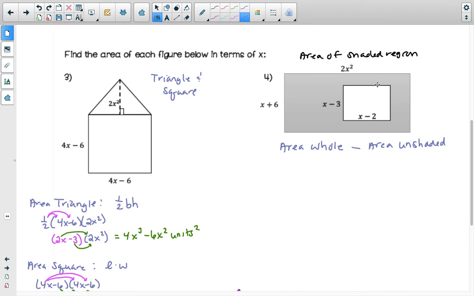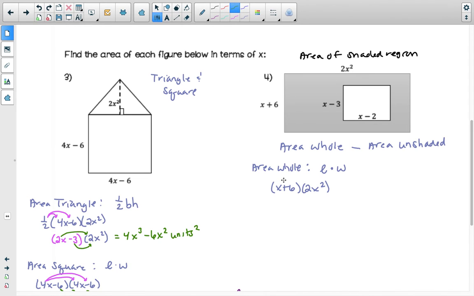So it looks to be that we have two rectangles here. So to find the area of the whole thing, which is a rectangle, we're going to do length times width. The length of our whole picture here is x plus 6, and our width is 2x squared. So we're going to multiply this.